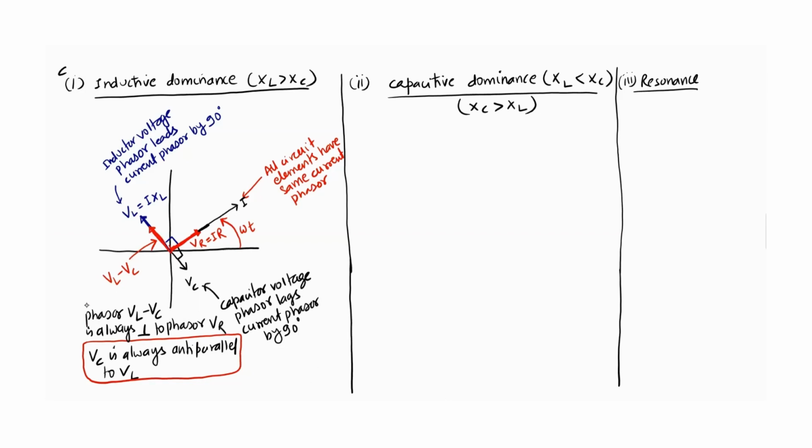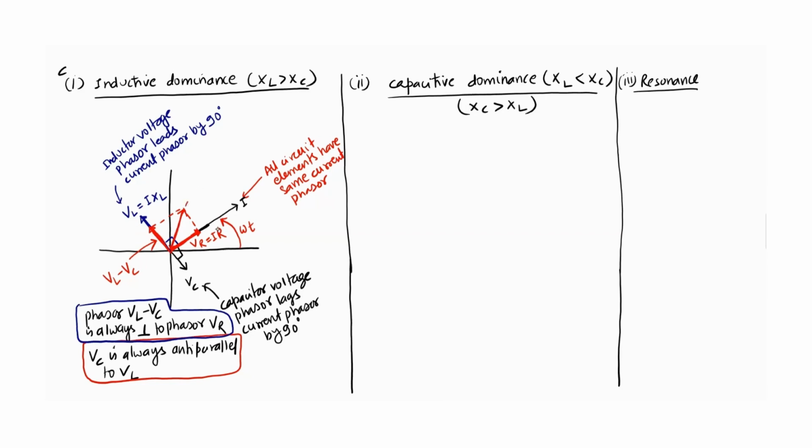So these are the information we get from the phasor diagram. Now we have to find the resultant of VR and VL minus VC. So the resultant is this.